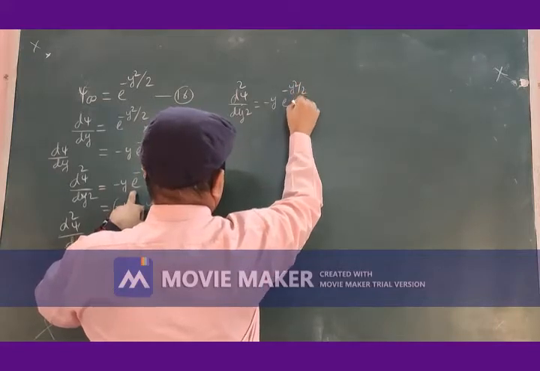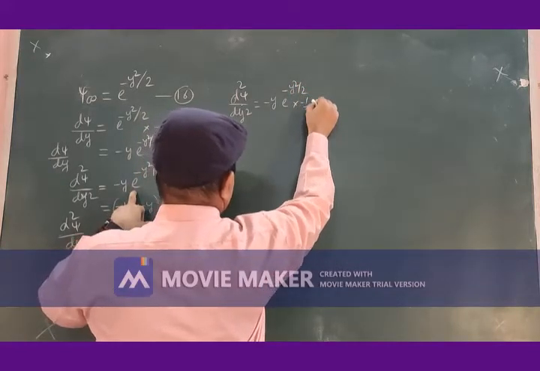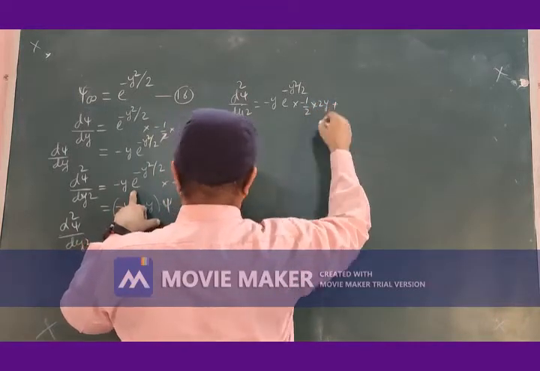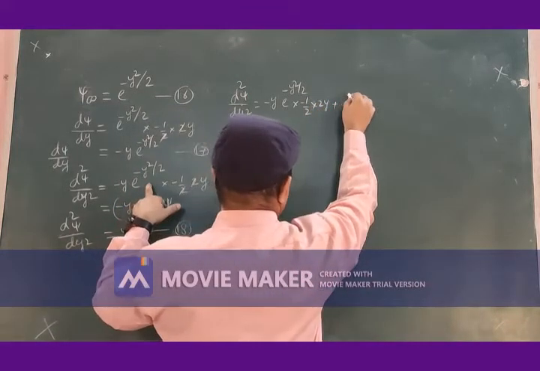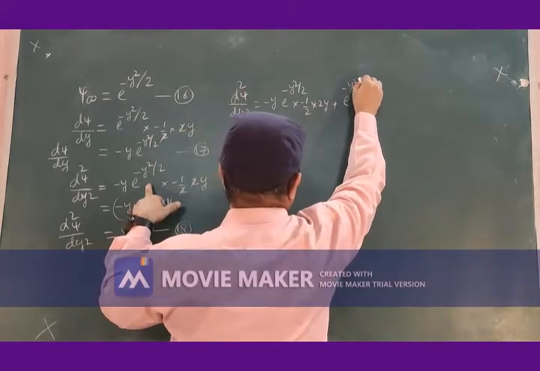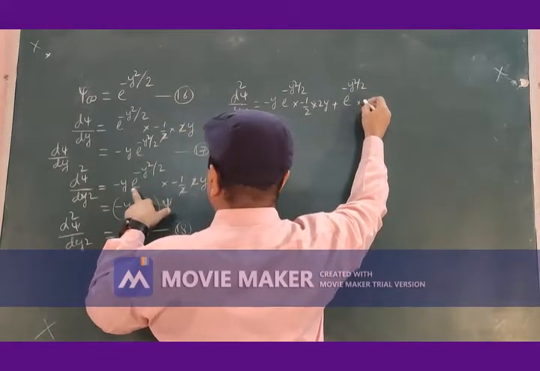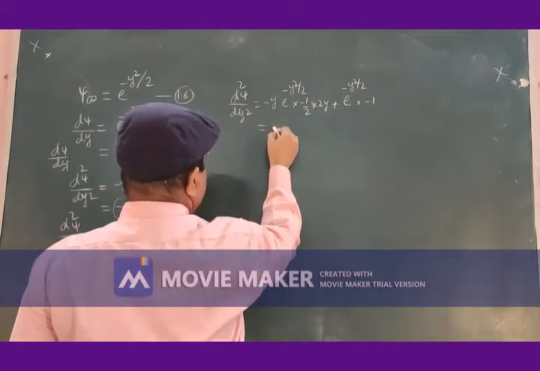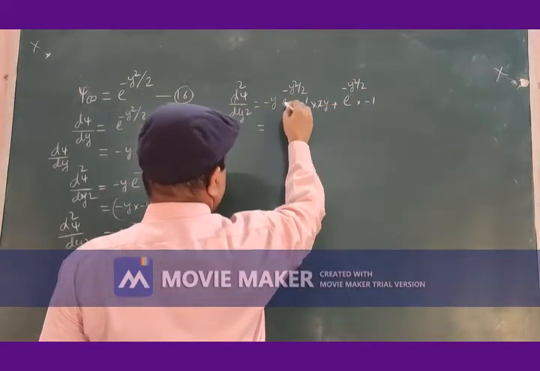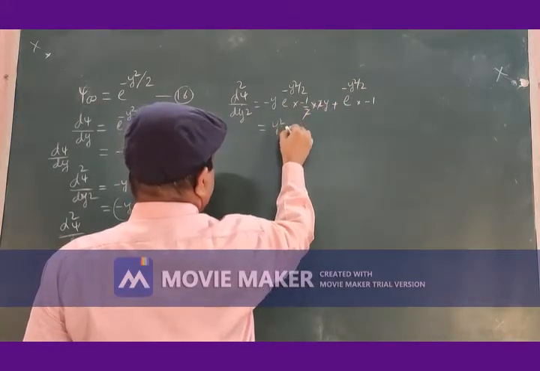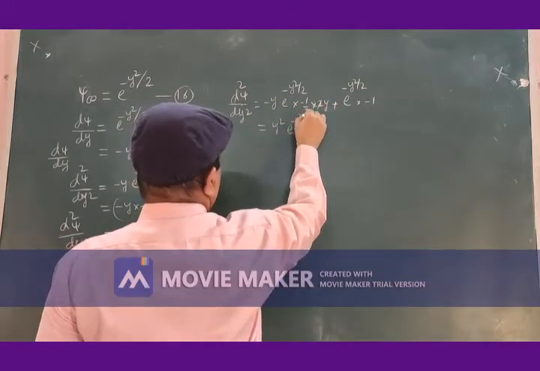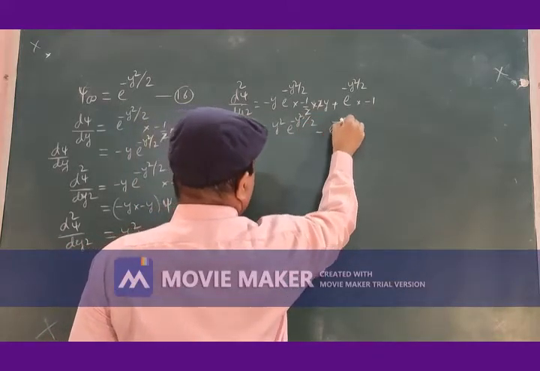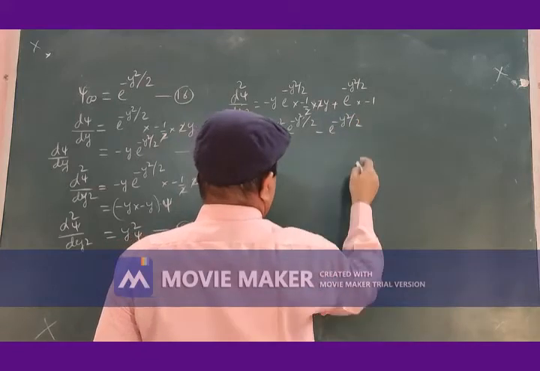minus y square by 2 into minus 1 by 2 into 2y plus, keep this constant, e to the power minus y square divided by 2 into differentiation of minus y, which is minus 1. The 2 gets cancelled, minus y square e to the power minus y square by 2 minus e to the power minus y square by 2.